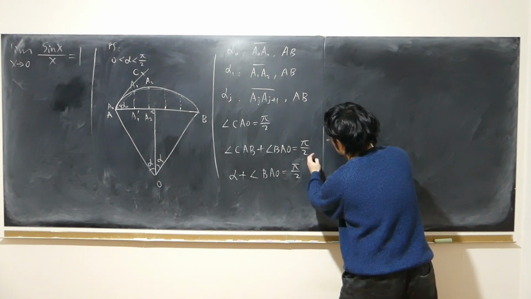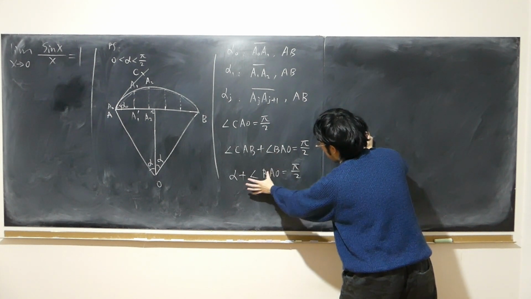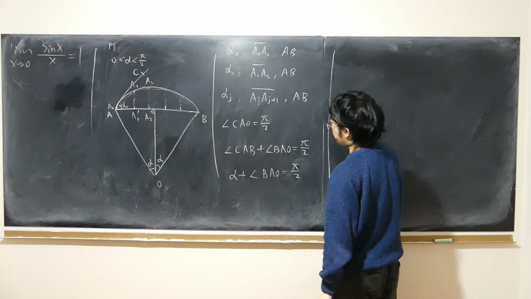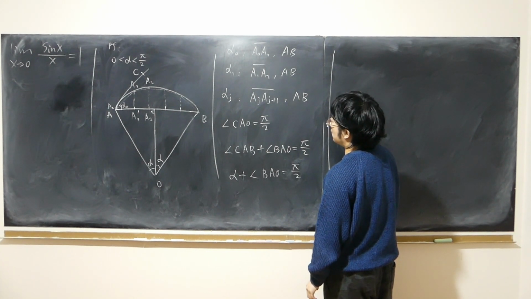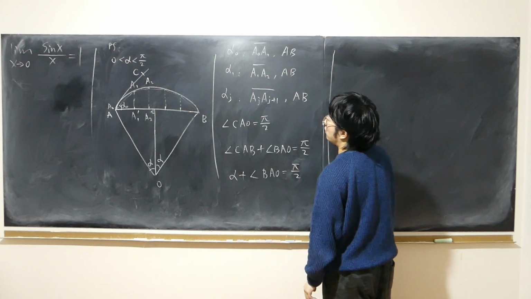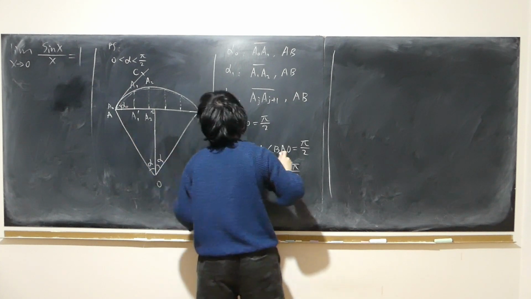So both are half pi, both have angle BAO. And then I can easily tell which angle is bigger. So which angle is bigger? Angle CAB or angle alpha naught?